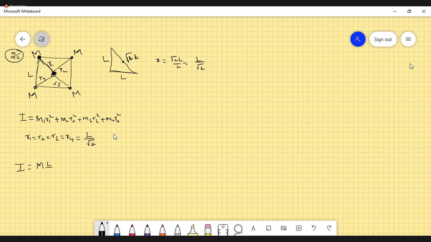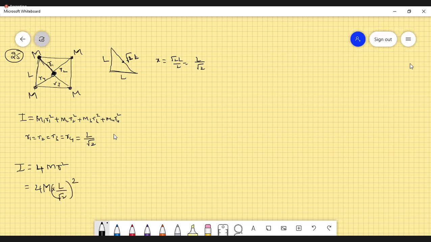Shall I write directly? That is 4 into m r square, which equals 4 into capital M into L by root 2 whole square.